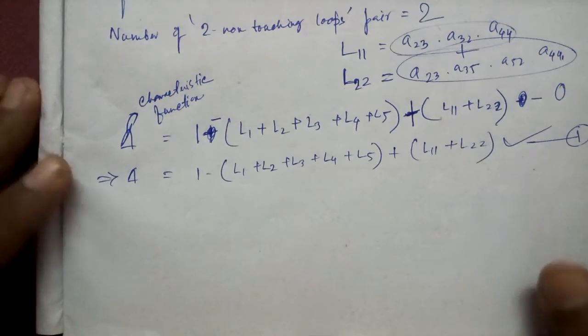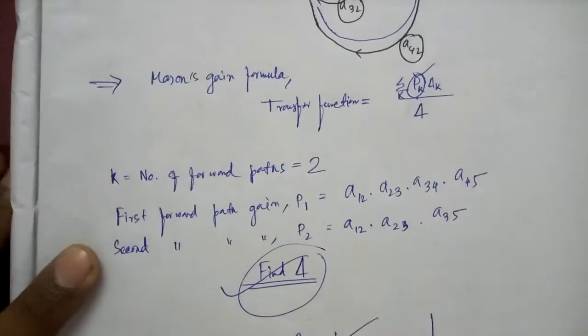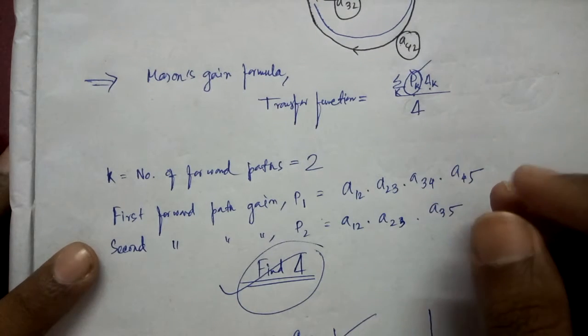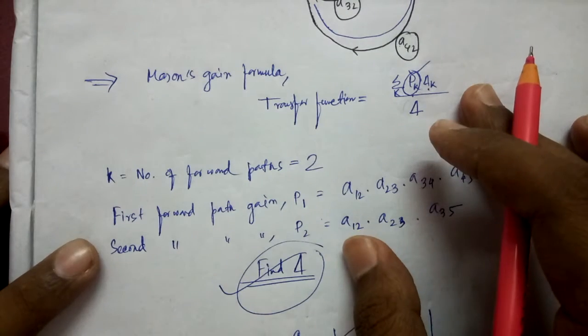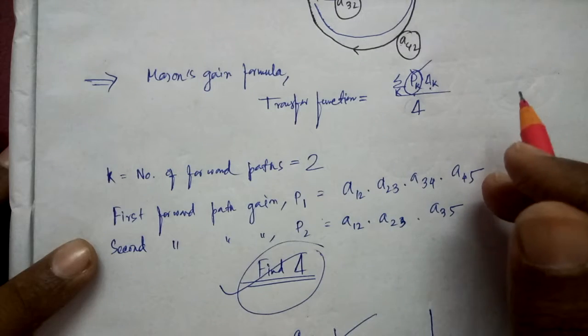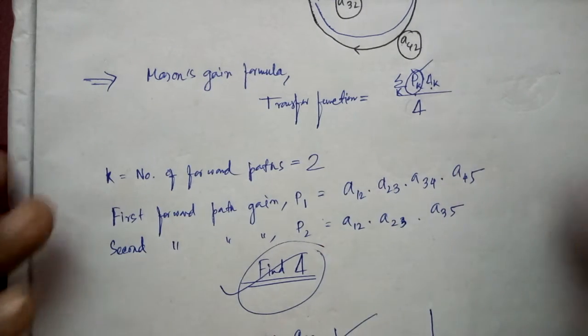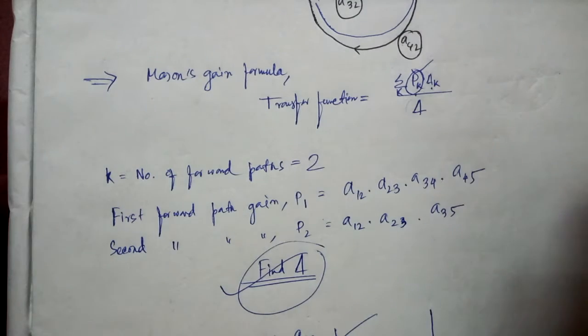Now one more part, that is the delta k. I described delta k in my previous video, but here you can understand very clearly what delta k is. Delta k is the part which is not touching the kth forward path.